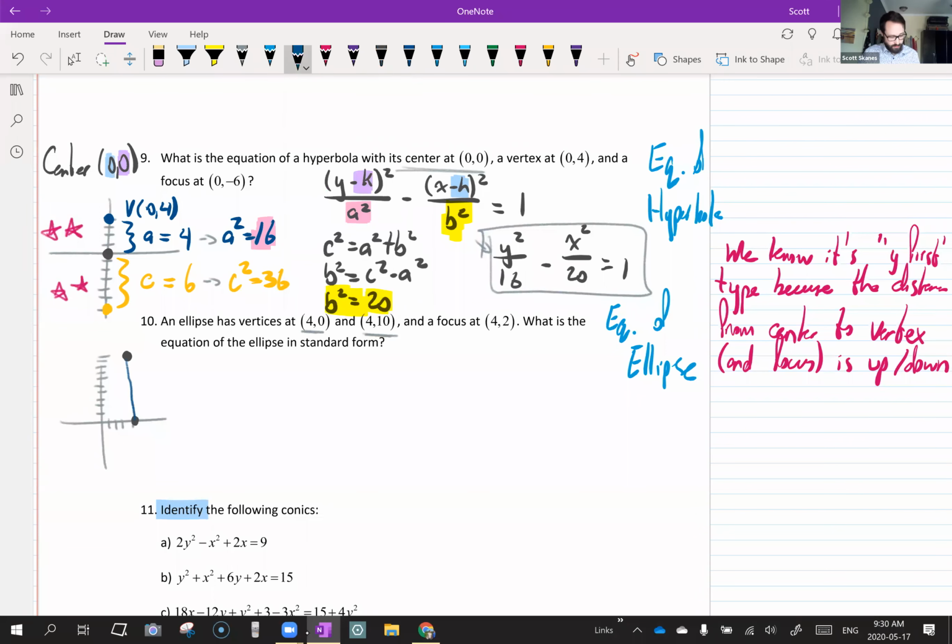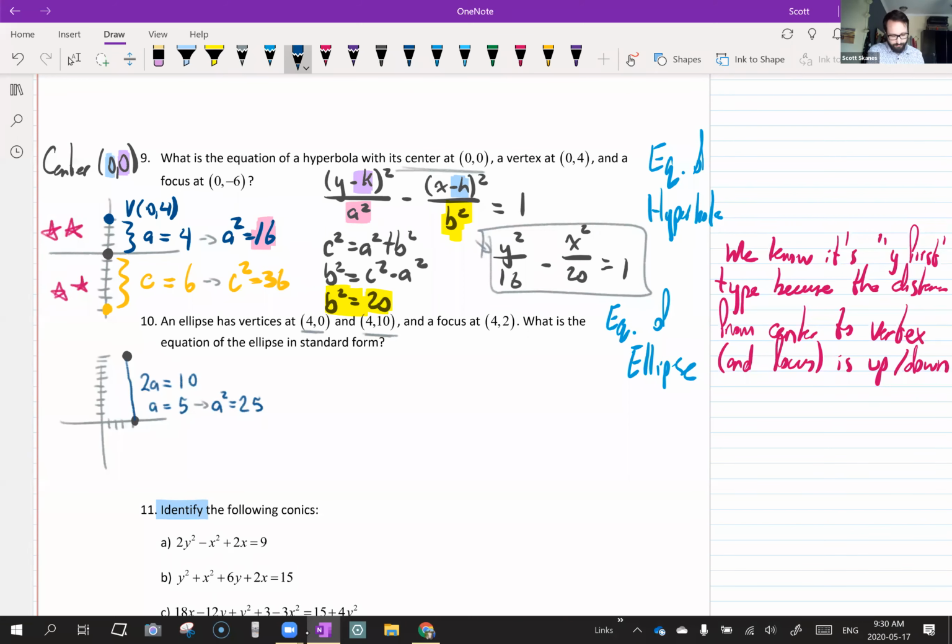That is the length of the major axis. That is the length 2A. And the distance between those is 10. I can see that right now. I'm looking at it, it's 10. So the distance is 10. That means A is 5. And if I know what A is, I know that A squared is that squared, 25.